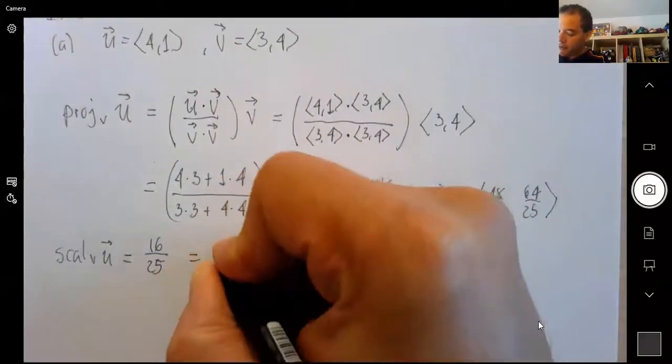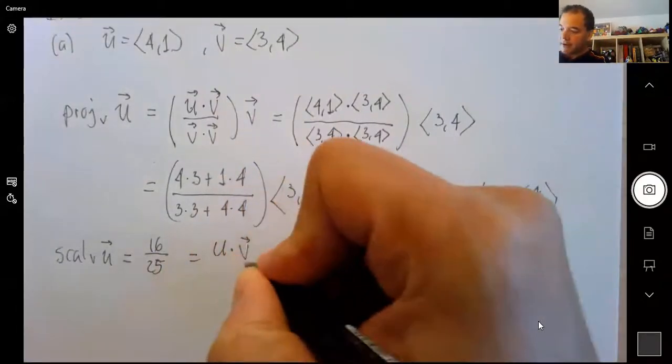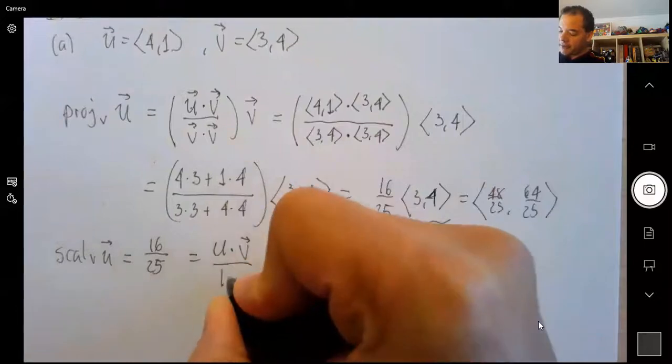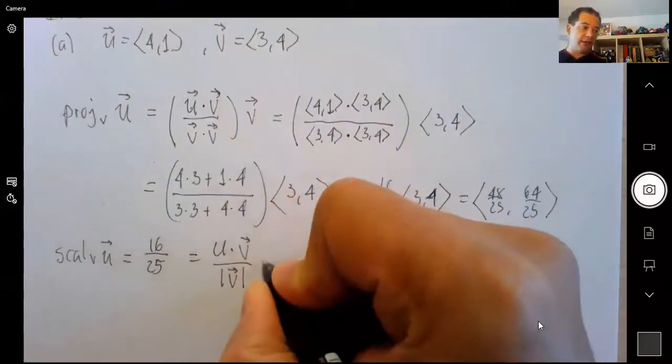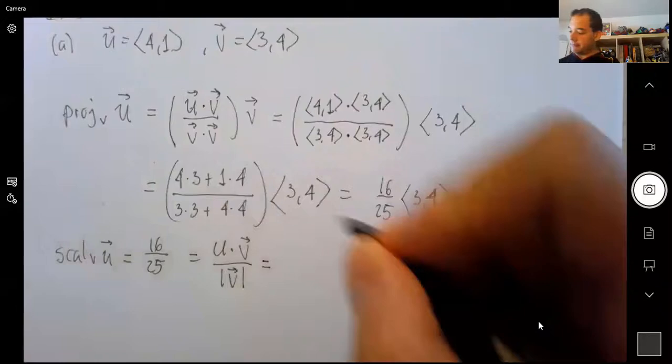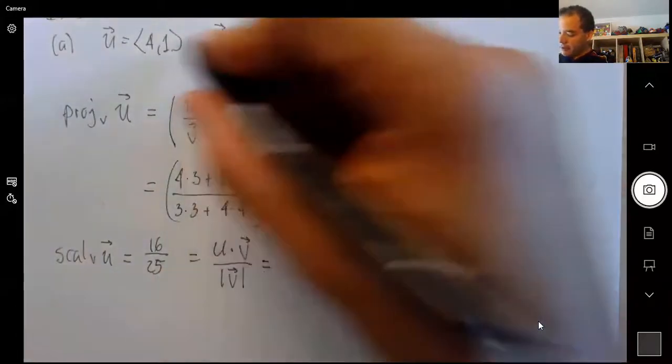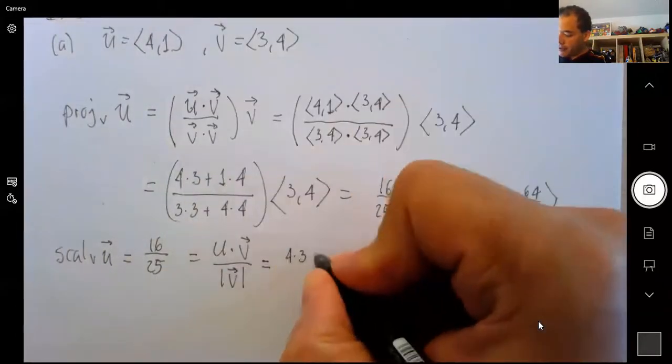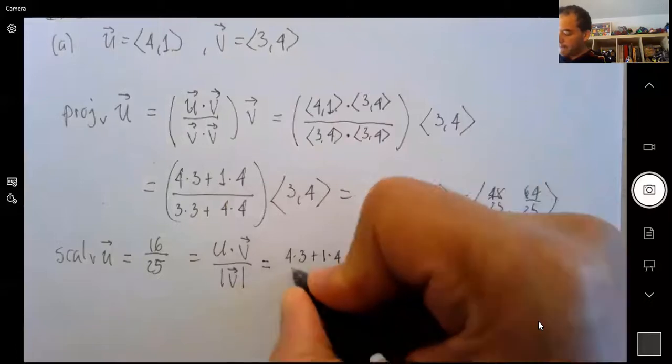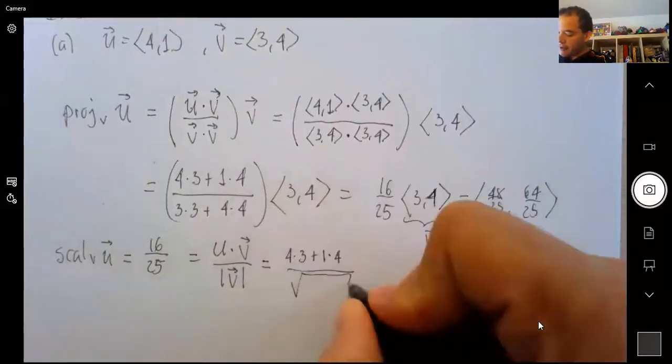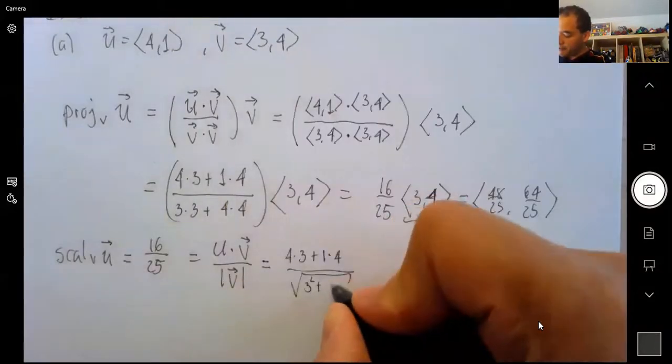But if you want to recalculate it, you can use this formula. This is u dot v divided by the magnitude of v. And u dot v is 4 times 3 plus 1 times 4, divided by the magnitude of v, which is the square root of 3 squared plus 4 squared.